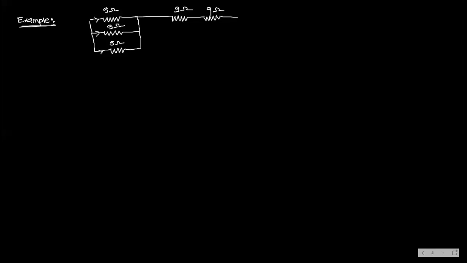And the potential across this, let us take it as 42 volt. Now we have to find here I1, this is I2, and this is I3.